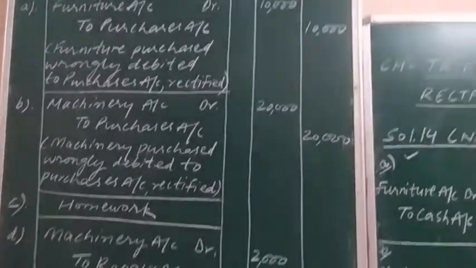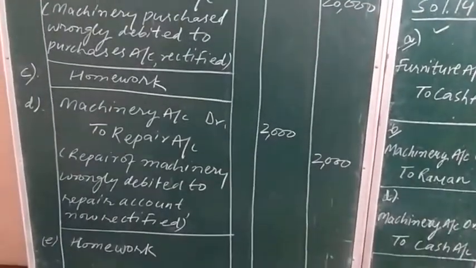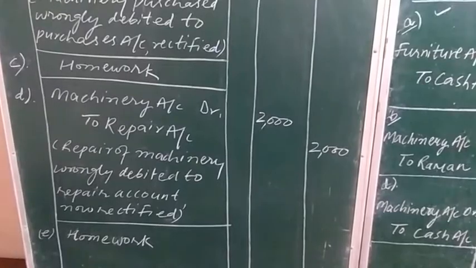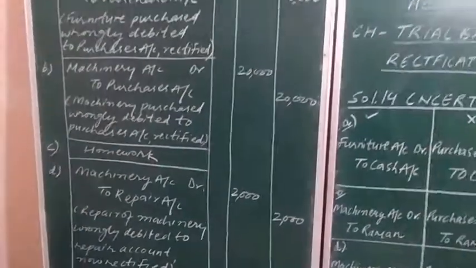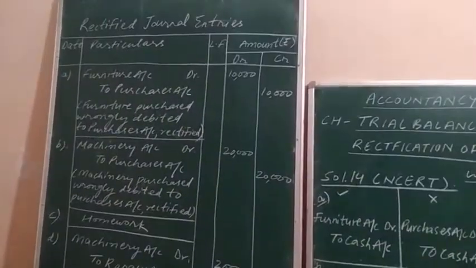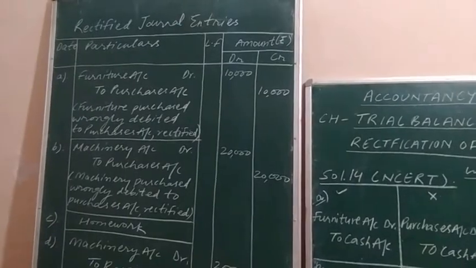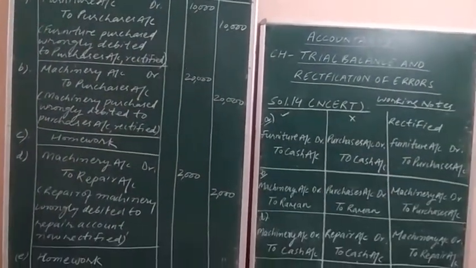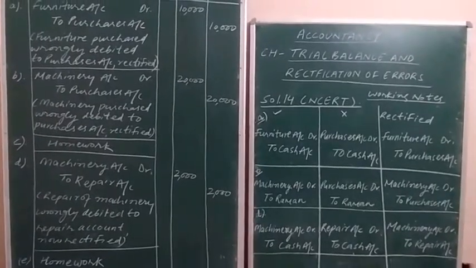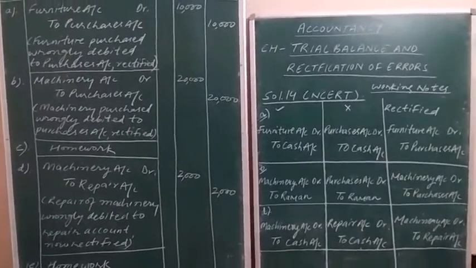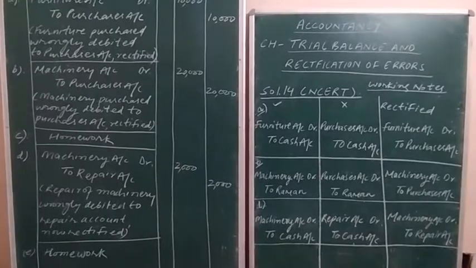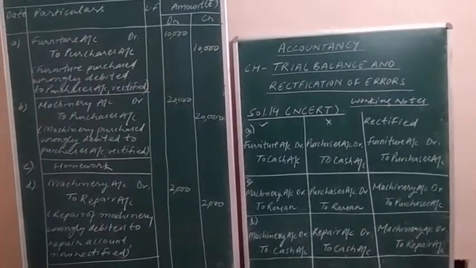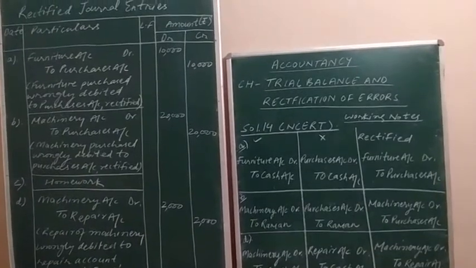Now take the screenshot of the next part. Yes. Right. Okay. So copy the solution in your fair notebook. And try to solve the third transaction and the fifth transaction, that is C and E part. You need to just pass the rectified journal entries. Okay. Right.